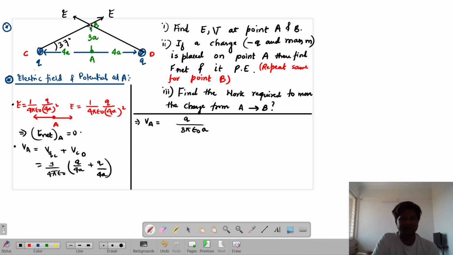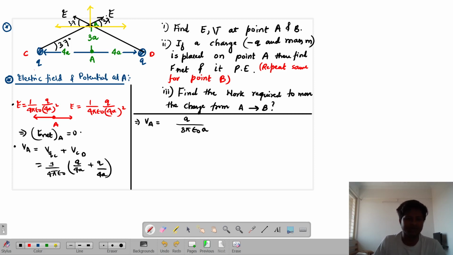So if that is 37, if I take a horizontal and vertical components, then this angle is going to be how much once again? 37, and this angle is also 37. So only the vertical component, E sin 37, will be left or not.